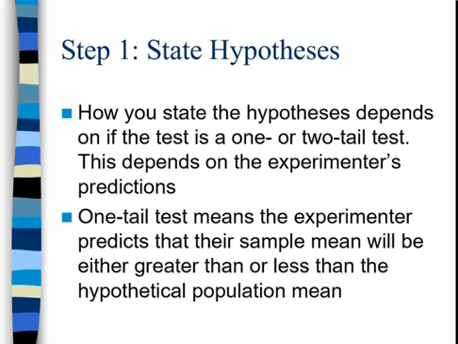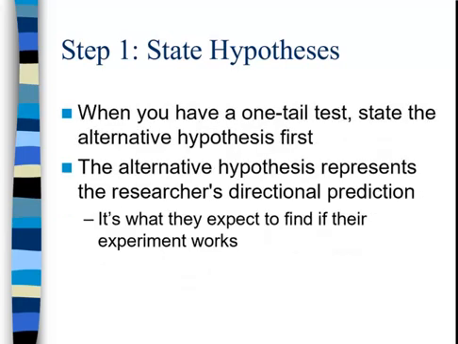That means the experimenter predicts that their sample mean is going to be either greater than or less than some hypothetical population mean. Now, I find there's a bit of a strategy here. Remember, you've always got to state two hypotheses, the null and the alternative.